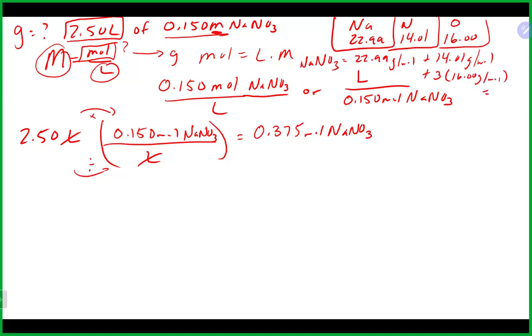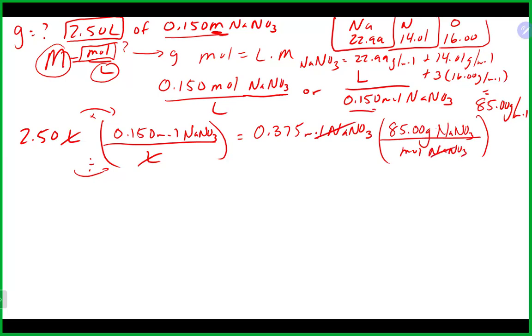That's going to get us for sodium nitrate a molar mass of about 85 grams per mole. That again is going to be our conversion factor. Opposites cancel, so we do want the moles on the bottom. That way the moles will cancel when we multiply and divide.